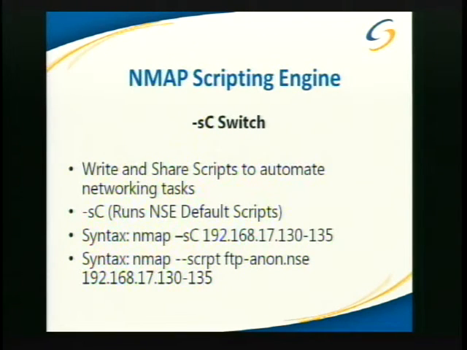So it's a nice scripting engine. You can either use the -sC command, which is going to run through all the default scripts on ports that it finds are open, or you can specify very specific scripts to use with the --script option here.